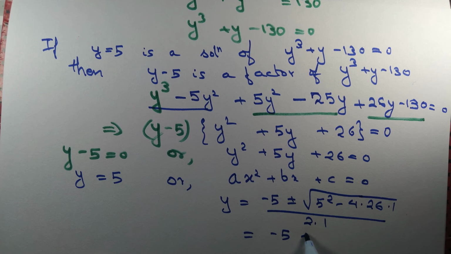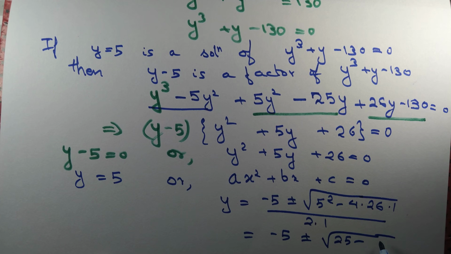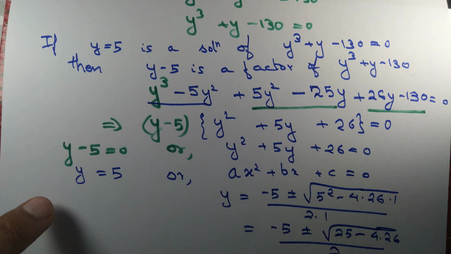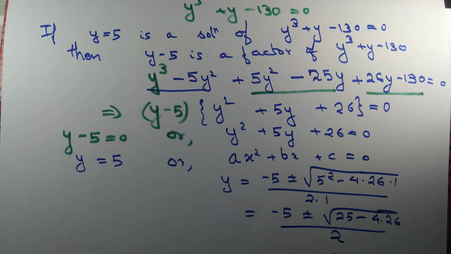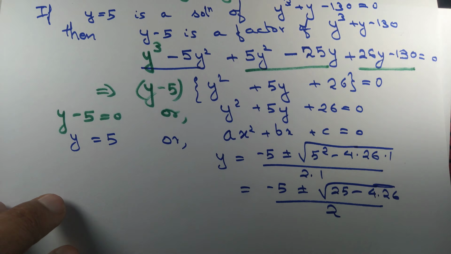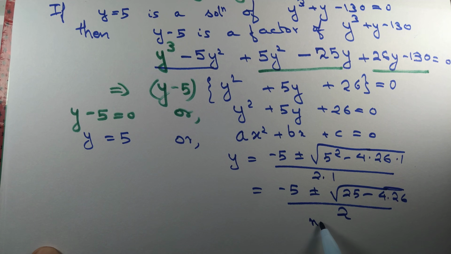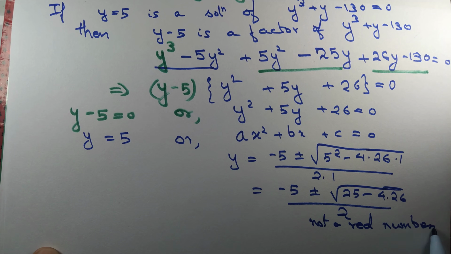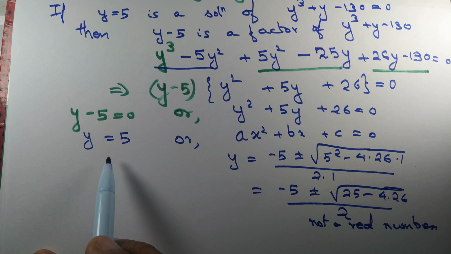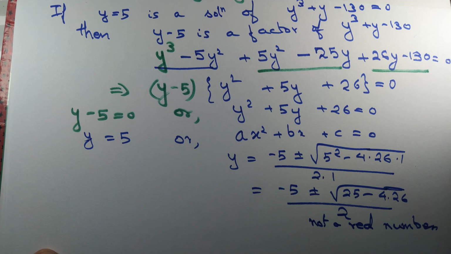That's equal to minus 5 plus minus root over 25 minus something that is bigger than 25, by 2. Observe that this quantity is not a real number. Now lastly, we have only one choice if we are dealing with real numbers only, y equal to 5.